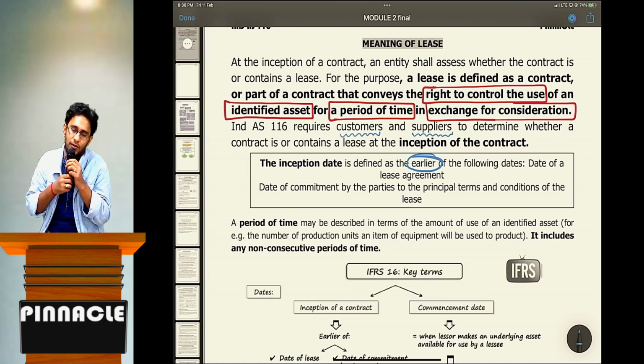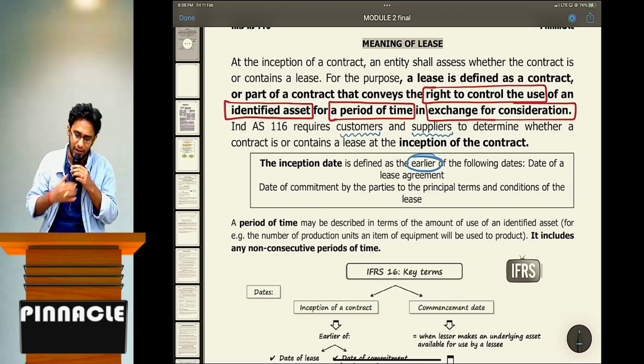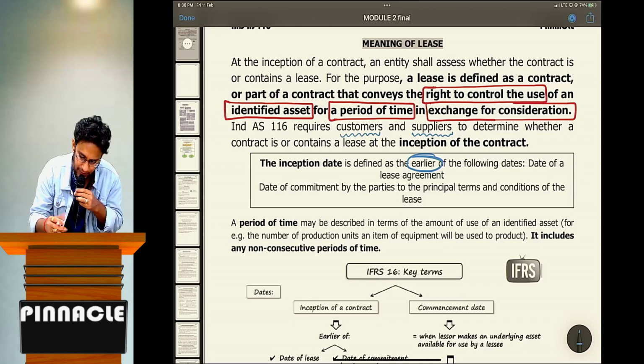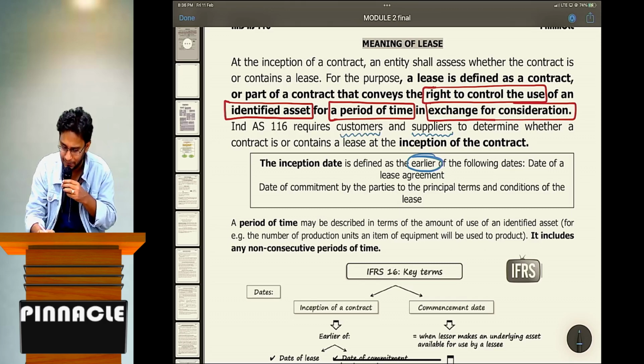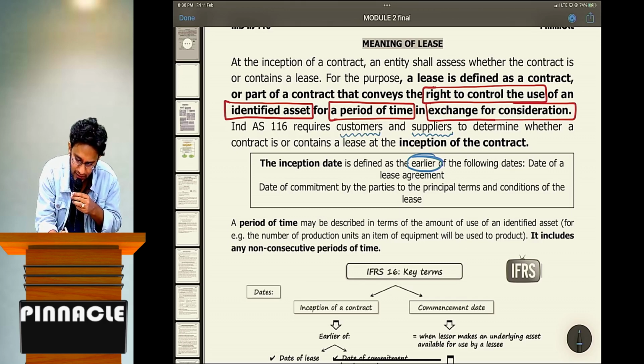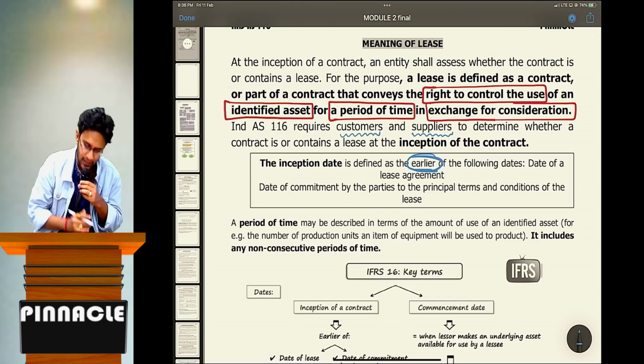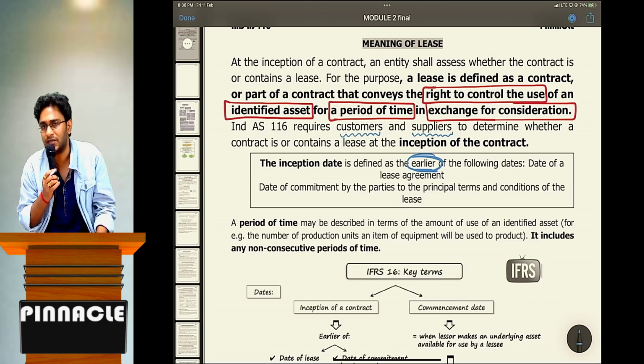At a later stage, parties got clarity about the terms and all. So whenever the parties are committing, ideally substance you have to apply, sir. But anyway, they said that date of agreement or date of commitment by the parties, whichever is earlier, so just strictly apply that. Sir, how is this inception date relevant?